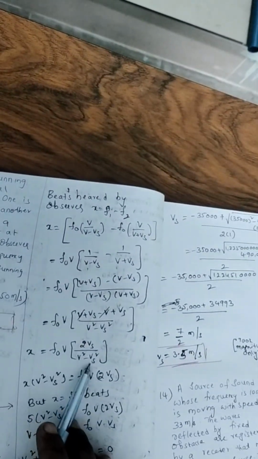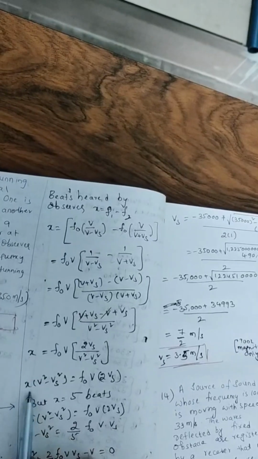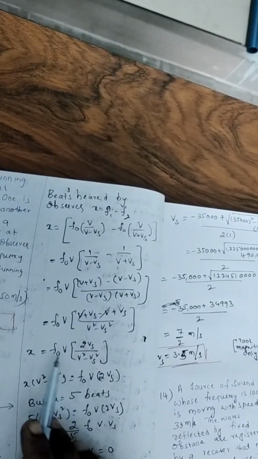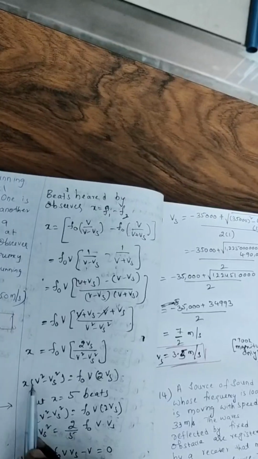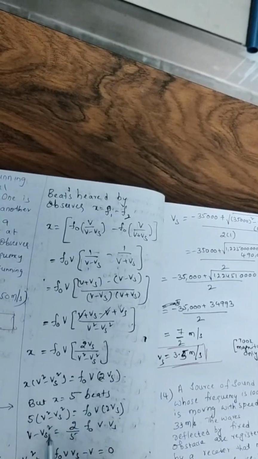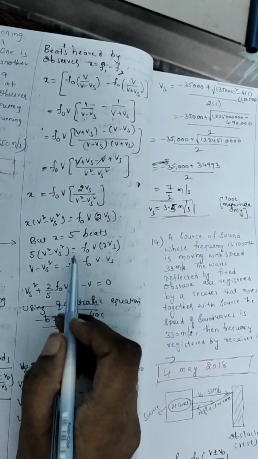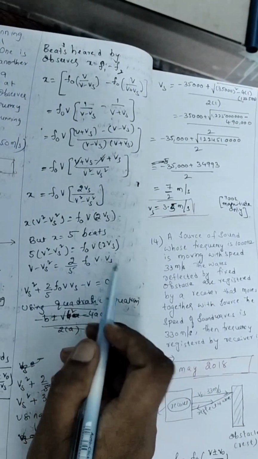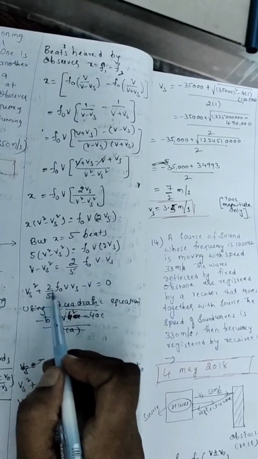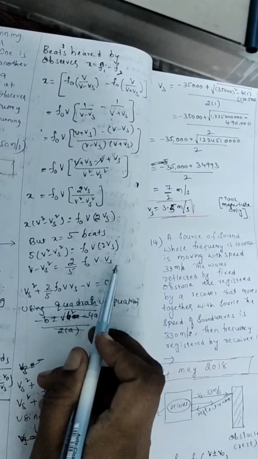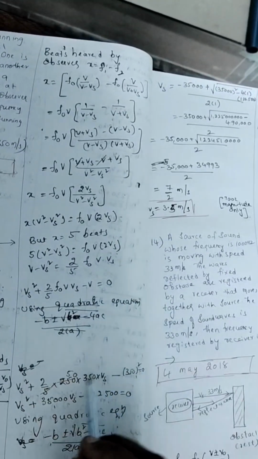Now V square minus Vs square you bring to this side: x into V square minus Vs square equals F naught V 2 Vs. But x is equal to 5, you substitute, bring 5 to this side. So you will get V square minus Vs square is equal to 2 by 5 F naught V Vs. So in terms of Vs, you write Vs square plus 2 by 5 F naught V Vs minus V square equal to 0.